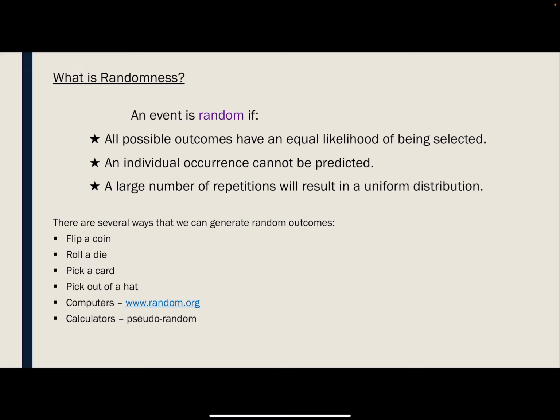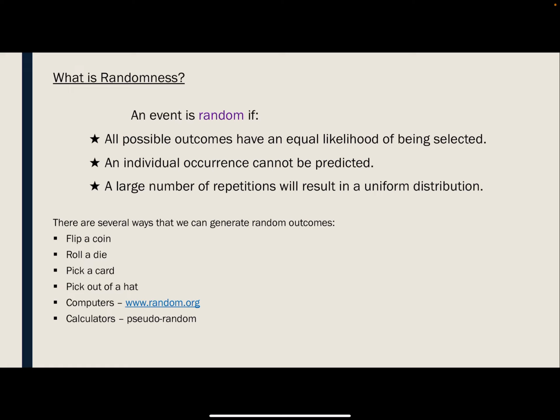And then finally, if I do this act of rolling a die a large number of times, I'm going to get a uniform distribution. So if I roll this die 10,000 times, I'm going to see the number 1 the same number of times that I see the number 2, 3, 4, 5, and 6, giving me this uniform distribution.